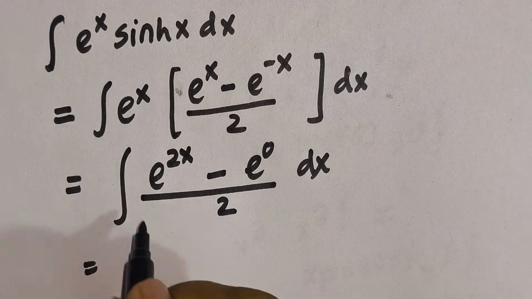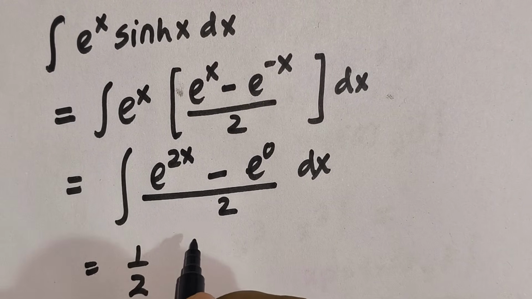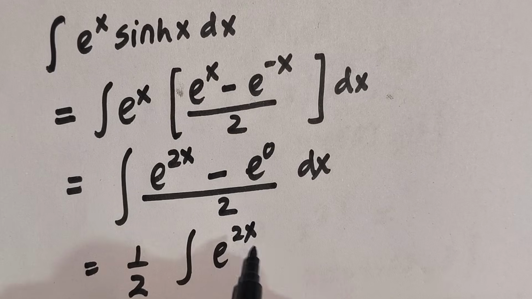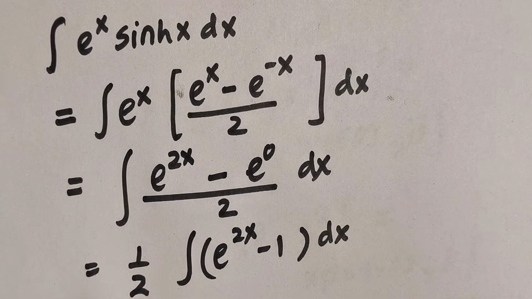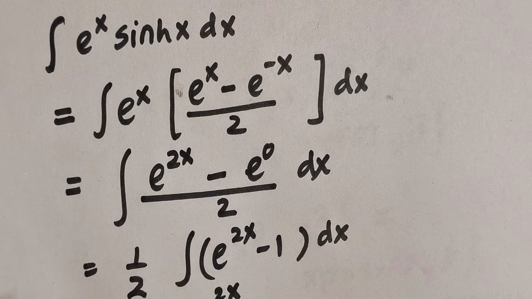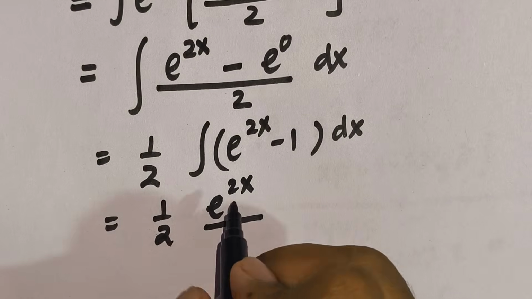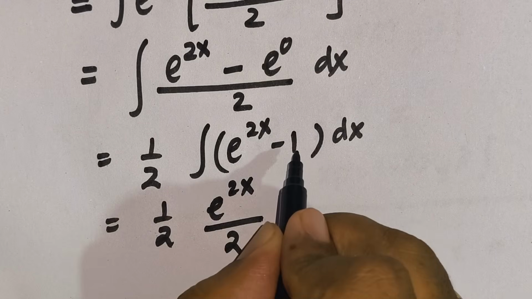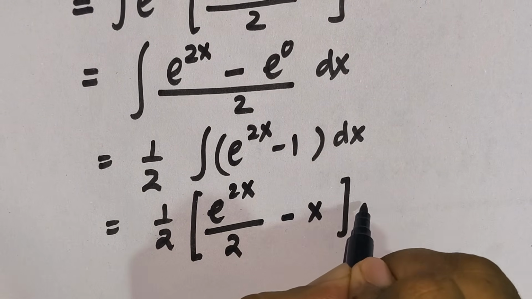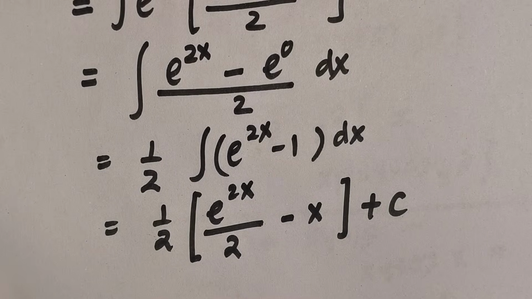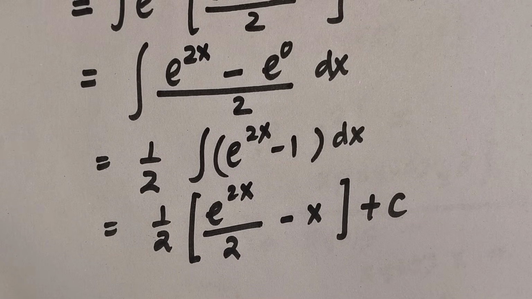We can take 1 by 2 outside, so we have the integration of e to the power 2x minus 1 dx. The integration of e to the power 2x is e to the power 2x by 2, and the integration of 1 is x. So we have the integration of e to the power x times hyperbolic sine.